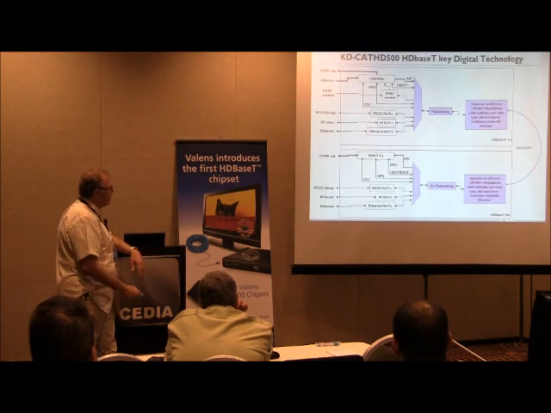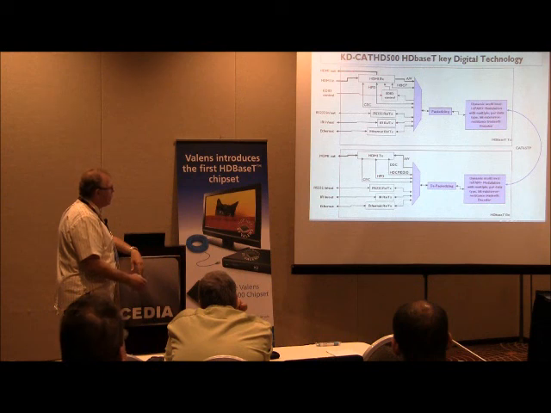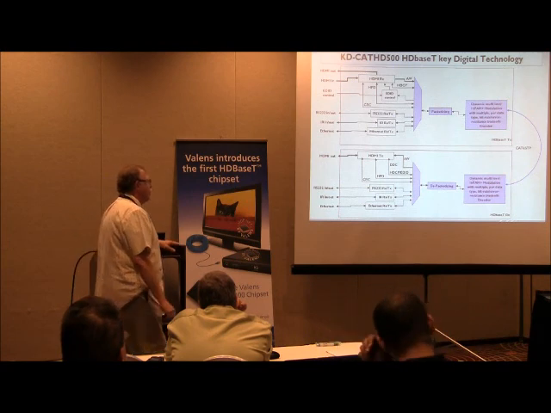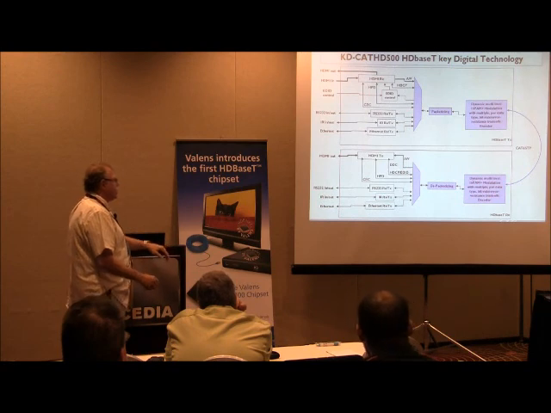This is a very basic block diagram of our product. What we did here is that this is the first time that, in transmitting HDMI over Cat5 or 6, there's a complete departure from TMDS.